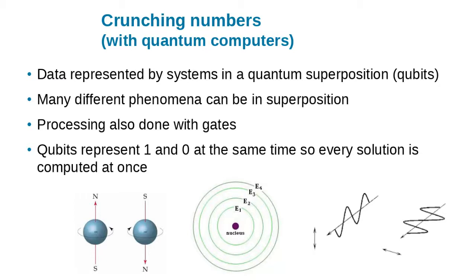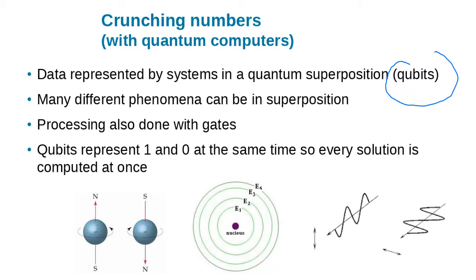So with quantum computers, data is represented by systems in what we call quantum superpositions. So this data is stored in qubits, and there's lots of different physical phenomena that can be in a superposition.